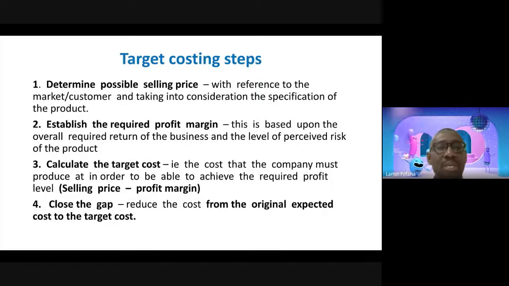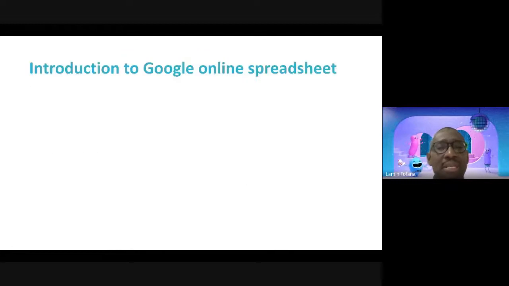Okay, for example, if your target cost of producing X soap is $45, but your estimated cost using your ABC or your absorption costing is $50, there is a $5 gap. Okay, so that gap, you need to eliminate that. How you eliminate that gap is what we call, we employ a technique called value engineering.